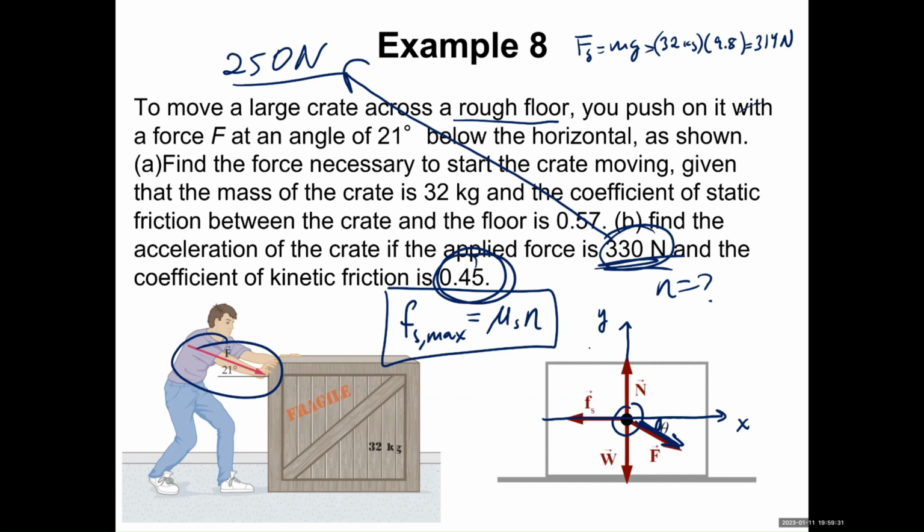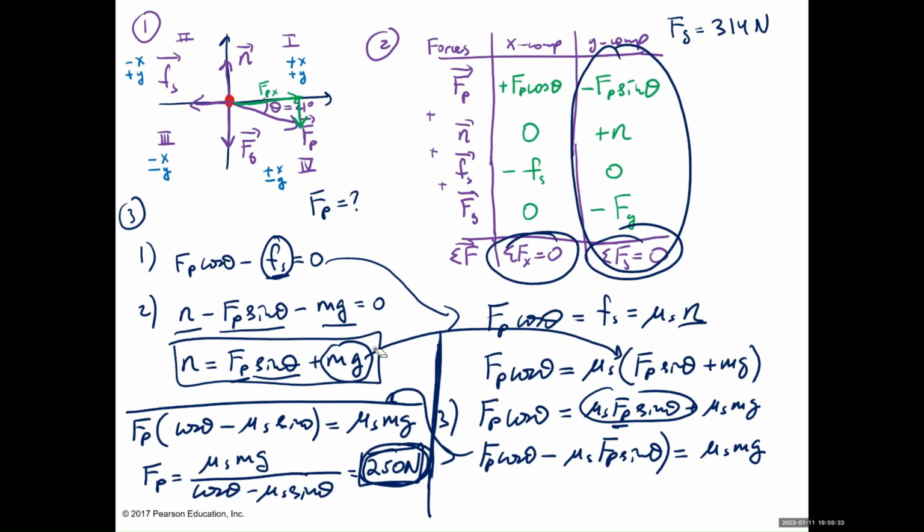For example, if I come back over here, this is my equation 2. If I know that this is 330, and this is the same 21 degrees, and this we calculated as 314 Newtons, which is the weight, I can solve for the normal force right away.